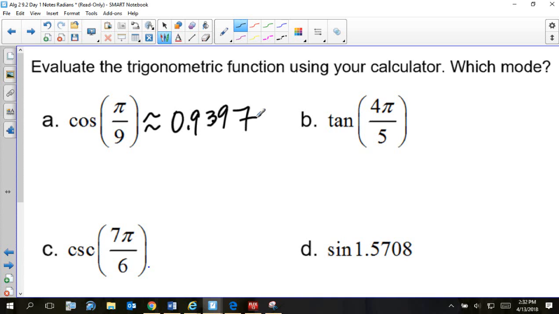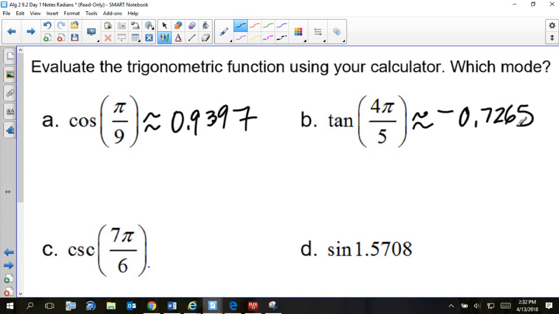I'm going to go put the answers up. He had D correct. Negative 0.7265. You have D correct?